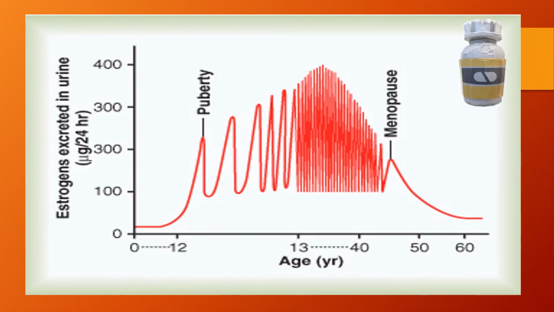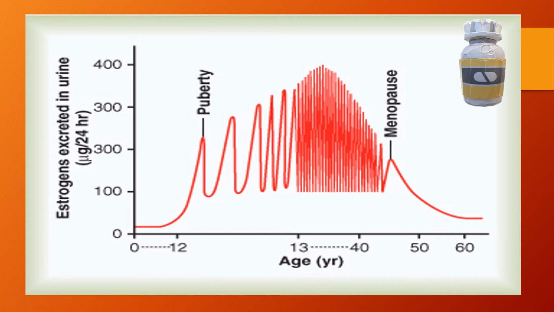So this is the amount of secretions of your estrogen as measured in the urine. From the start, there will be an initial peak during puberty, at the time of menarche, and we'll have an increasing shift, and it now peaks around the 20s to 30s.